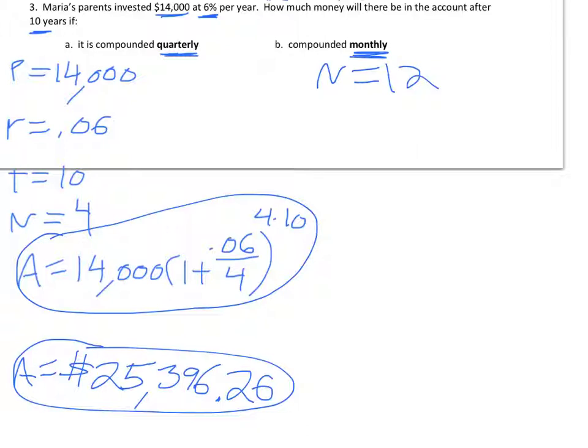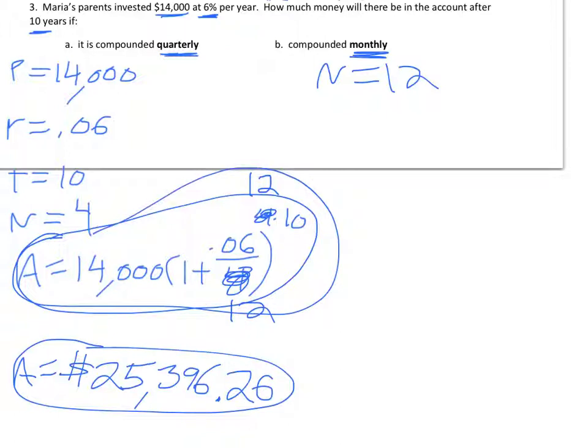So I'm going to erase this, change this to 12 and change this 4 to 12. Then you just take this new expression, plug it into your calculator, and when it's compounded monthly, it gives you $25,471.55.